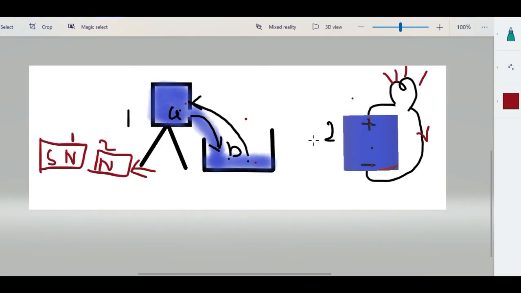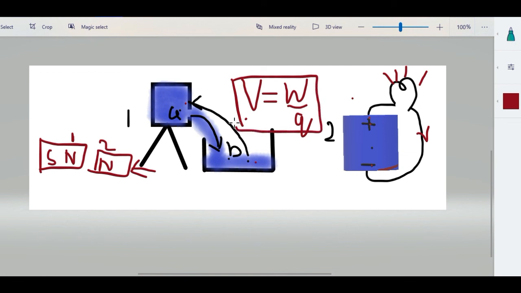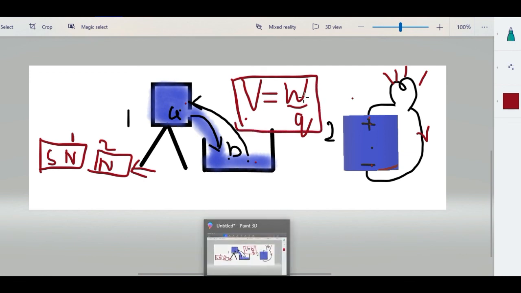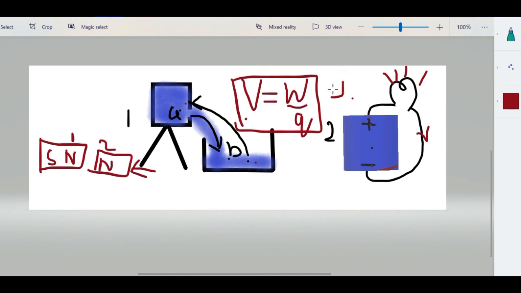The formula we can write here is potential equals work done on charge, so V = W/Q. Now the units. For work done we use the unit joule, and for charge the coulomb, so the unit is joule per coulomb.